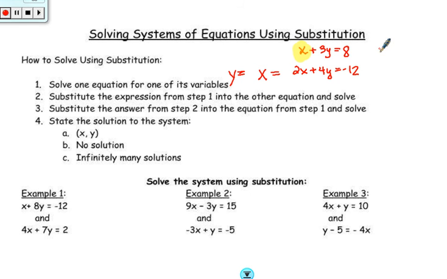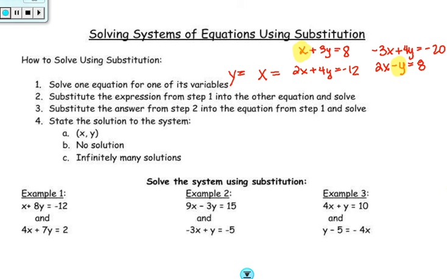Or if I gave you a problem that said negative 3x plus 4y equals negative 20 and 2x minus y equals 8, on that problem, the easiest letter to get by itself is the y. So you're always going to look for the letter that doesn't have a coefficient, and you're going to solve that equation for that letter.